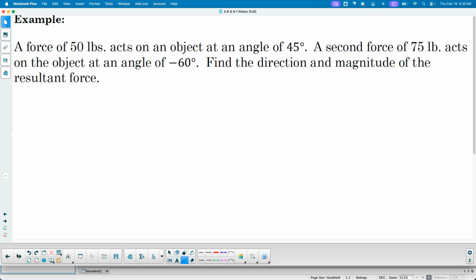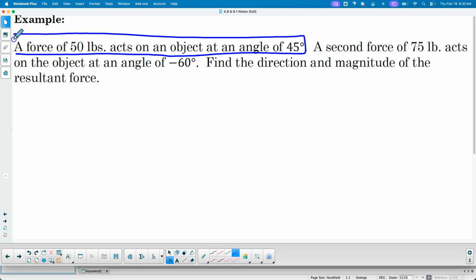Okay? So we've got force number 1. Here is force number 1. What do you want to call that vector? We're going to change it over into a vector. You got 26 to choose from. A. Okay, so we'll call this vector A. What's the magnitude of vector A? 50 is my magnitude.